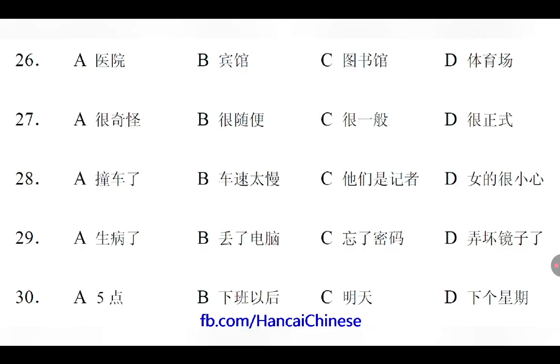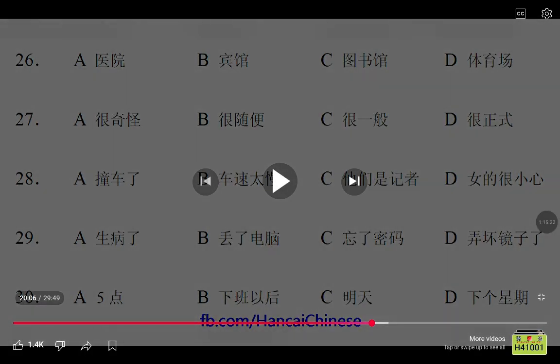Then the man says you can come tomorrow, they also work tomorrow. And the question is when the girl will go. So which one is the correct answer? Mingtian, not wu dian. The question is the most probable time when the girl will go to the bank. It's mingtian. If you listen to the audio again, you can understand it clearly.